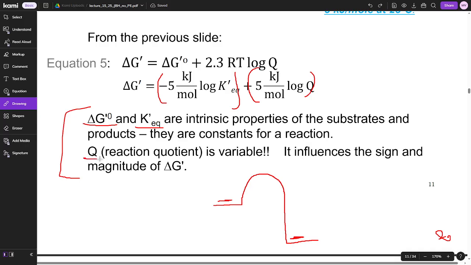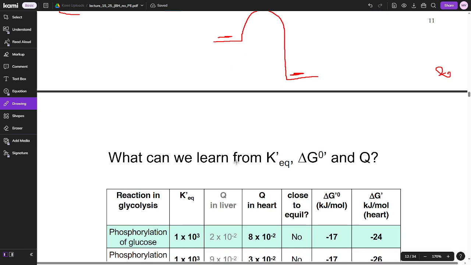Q changes depending on the situation, and it influences the magnitude of this delta G. So it changes the driving force towards equilibrium. If we're farther away from equilibrium, the driving force towards equilibrium will be much larger. If the difference between delta G naught prime and delta G naught is smaller, then there's going to be less of a driving force towards equilibrium.